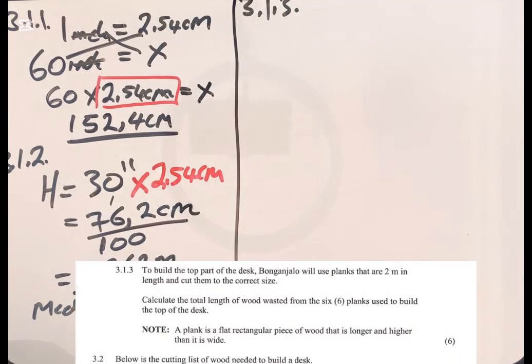Calculate the total length of the wood wasted from the 6 planks used to build the top of the desk.